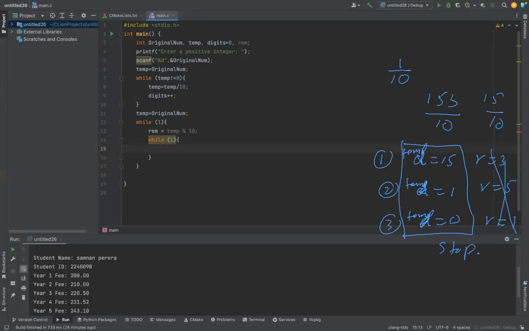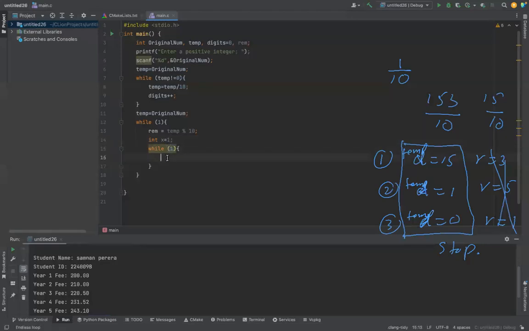Until the number of digits, we have to calculate the value. That means we have to put that value in a variable first. So declare a variable int x, initially 1.